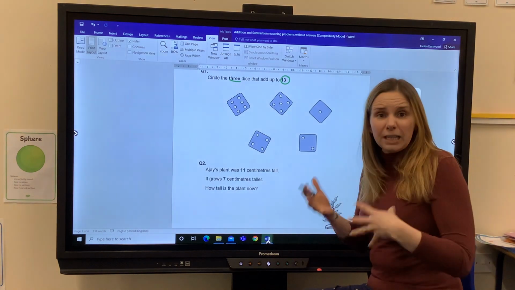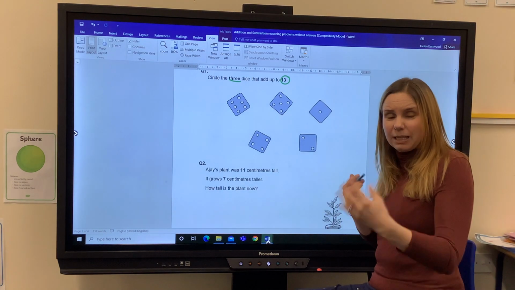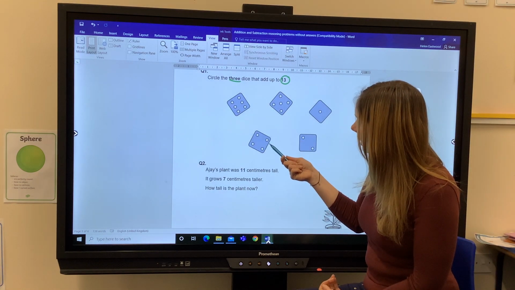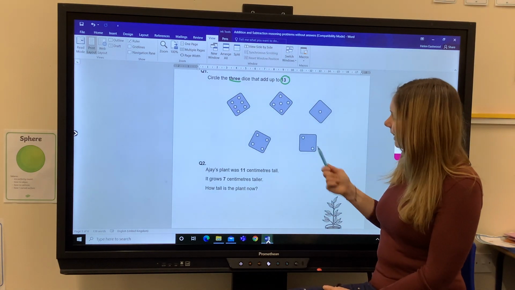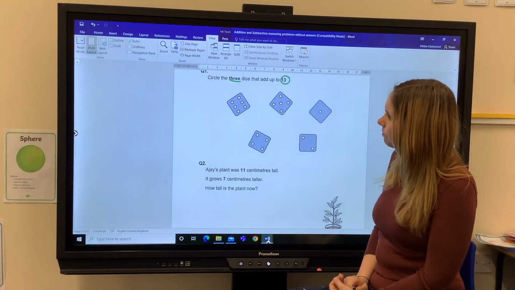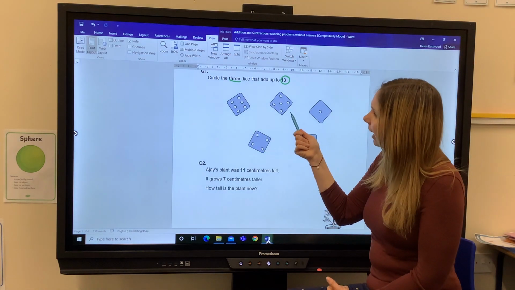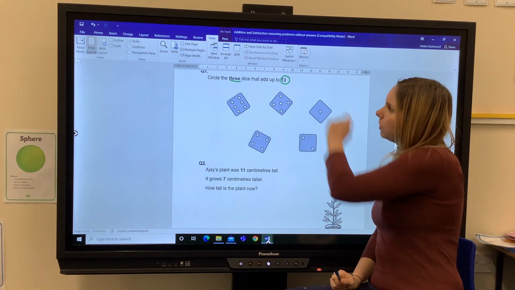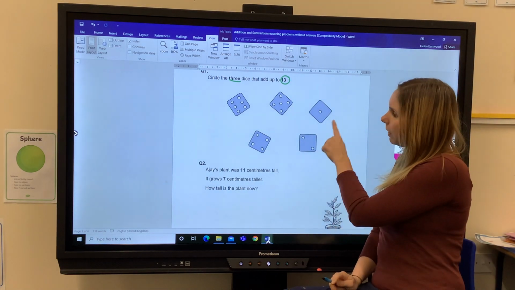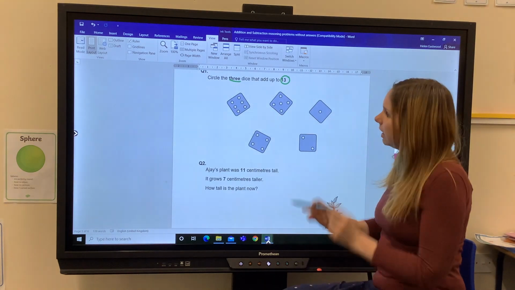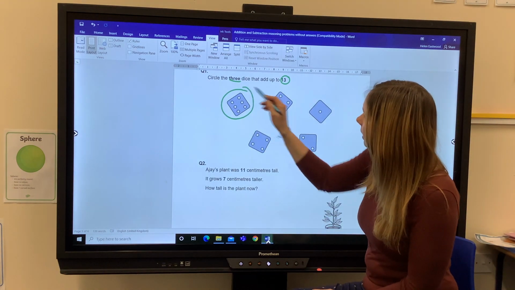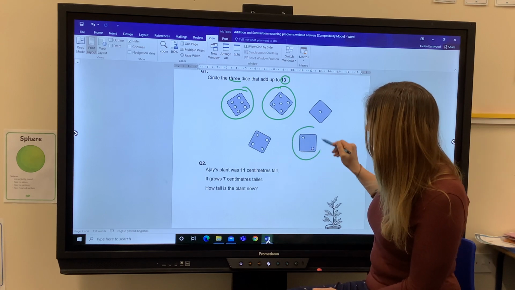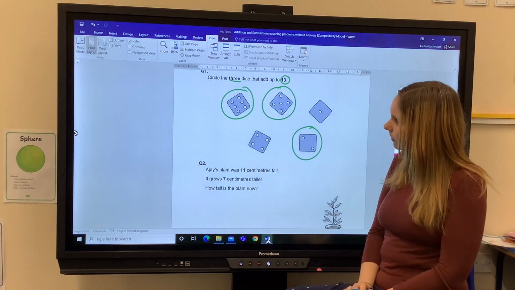So by process of elimination, we have to keep trying to work it out. Let's see, 5 and 4 is 9, 10, 11, that wouldn't work. 6 and 5, I know is 11, and I need 2 more to get to 13. 11, 12, 13. So 6, 5 and 2 is 13, okay?